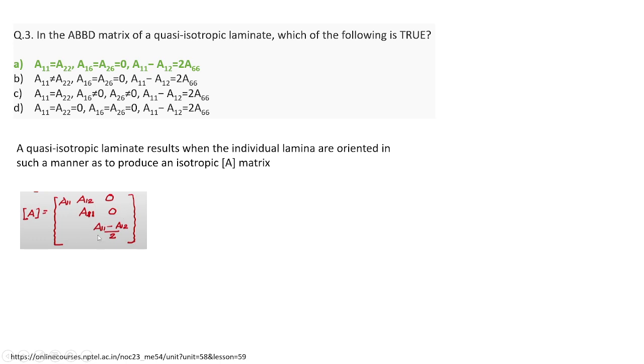In the first and third options, you can see A11 equal to A22. Then next is A16 and A26, they are equal to 0. And the third is A66 equal to A11 minus A12 divided by 2. So the first option will be correct. It is just matching with the isotropic matrix that we have studied before.